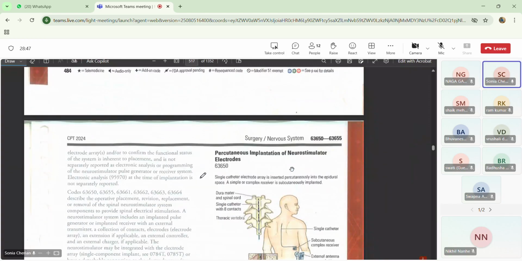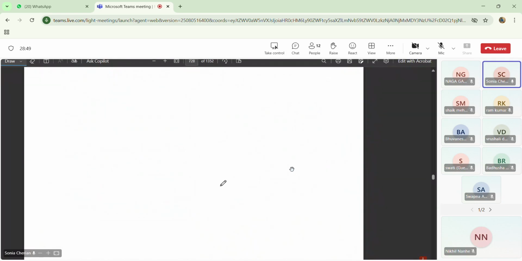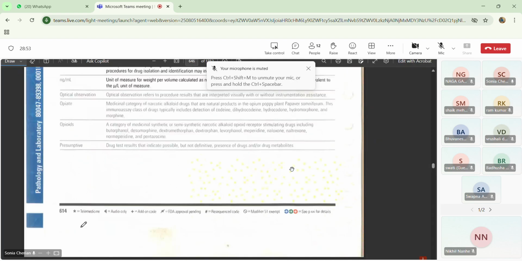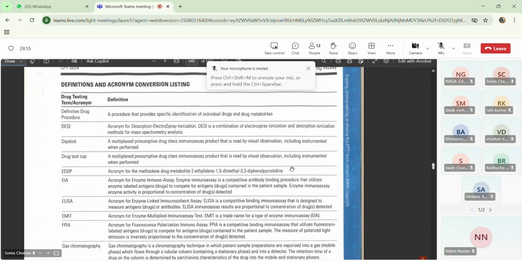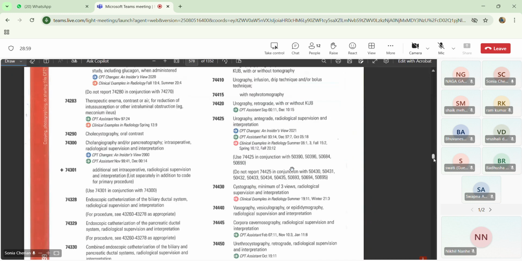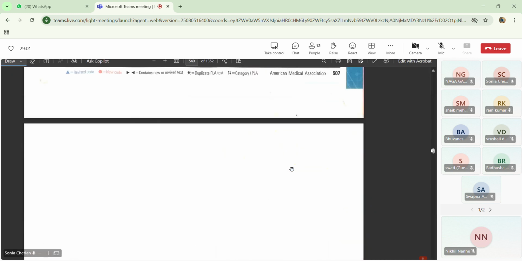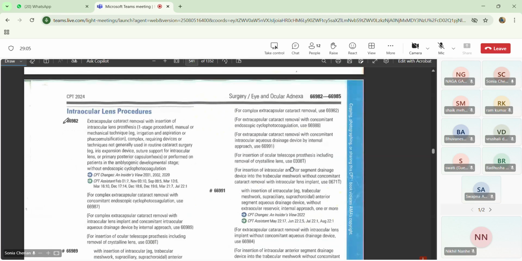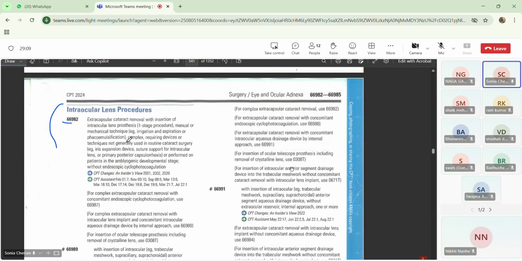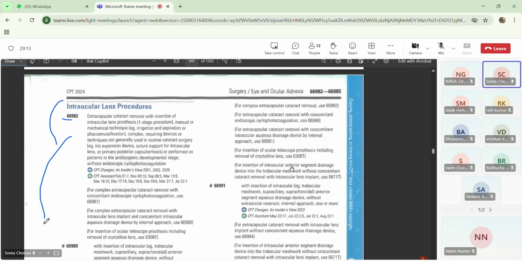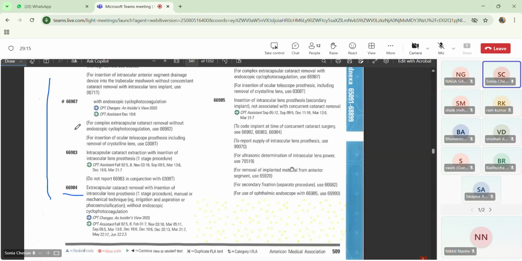So we have 66982 and 66984. These two CPTs you will get frequently in same day surgery.